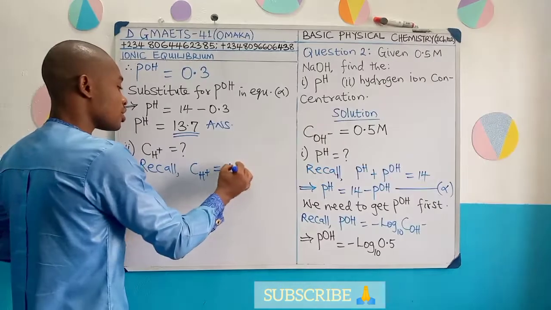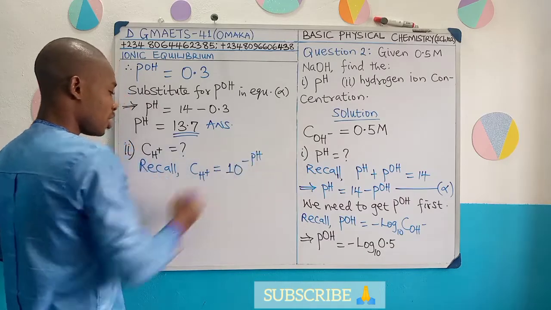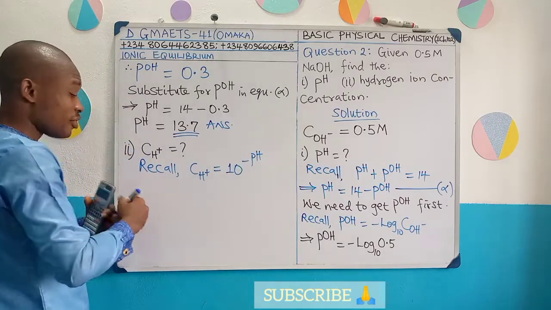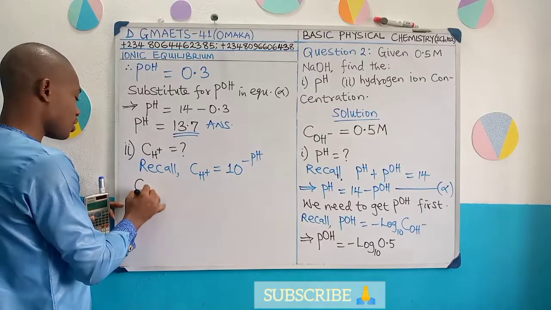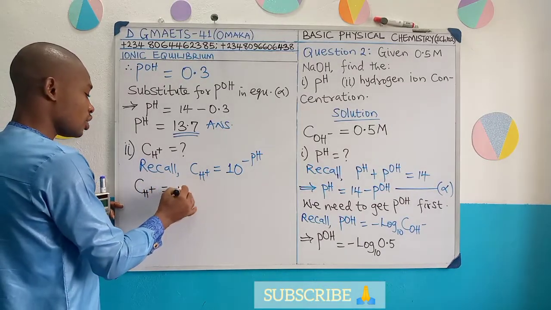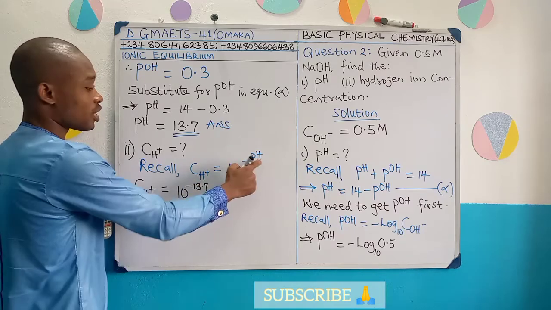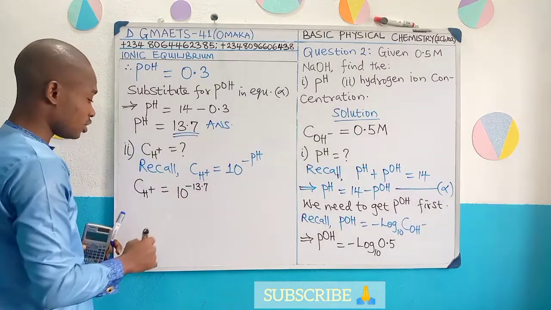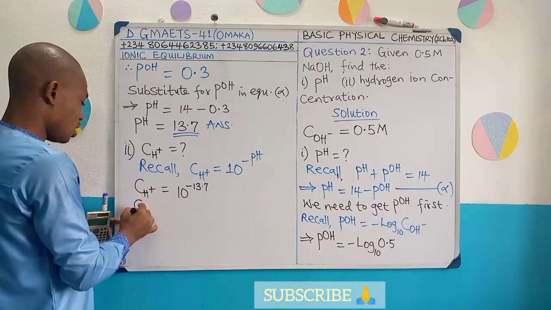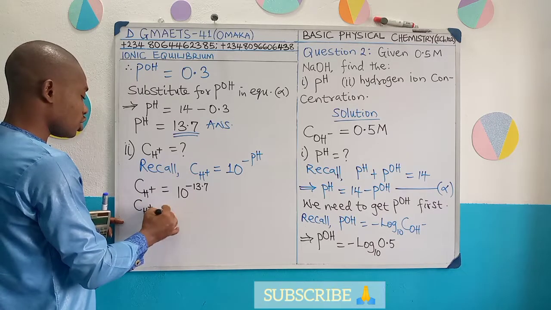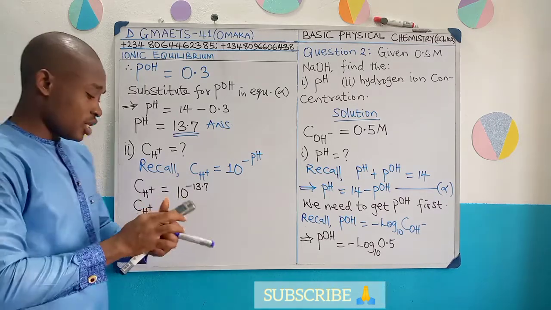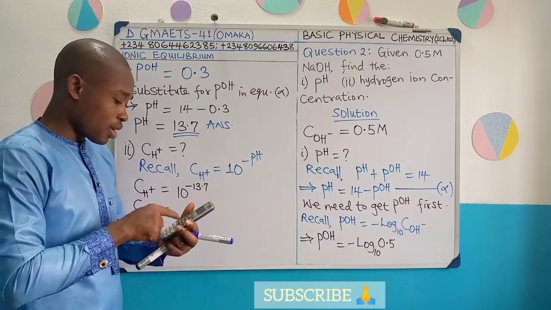All you need to do is 10 to the power of negative pH. So the hydrogen ion concentration in this case is going to be 10 to the power of negative 13.7, because our pH is 13.7 for this sodium hydroxide.